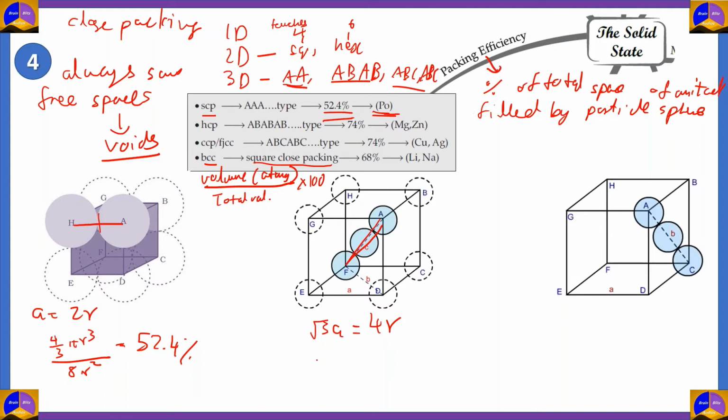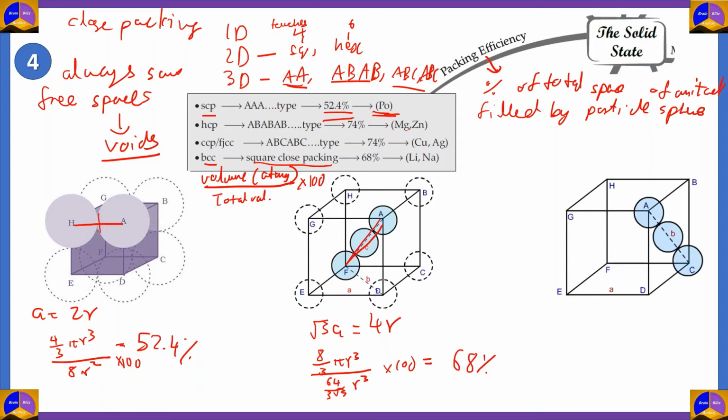So for a BCC, the formula is 8 by 3 pi r cubed divided by 64 divided by 3 root 3 r cubed, times 100. Remember, there's also a times 100 here. That gives you a value of 68%.